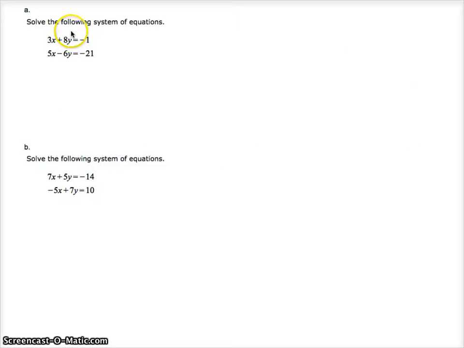In letter A, it says solve the following system of equations. I have 3x plus 8y equals negative 1, and 5x minus 6y equals negative 21. Here my y values again are opposite of each other, so I'm going to cancel the y value.